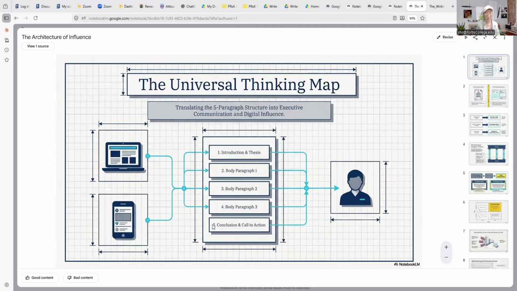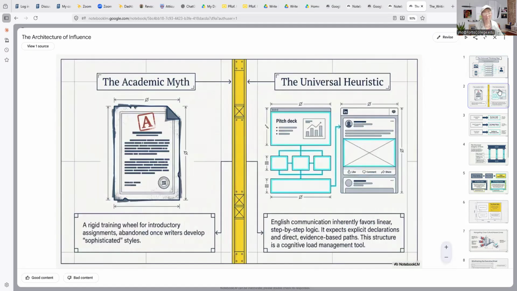That's the only difference between how we use the 5-paragraph essay for, say, a research paper versus if you're going to write it for business. And let's see. So the academic myth, it's a myth to think that the 5-paragraph essay structure can only be used for research papers.